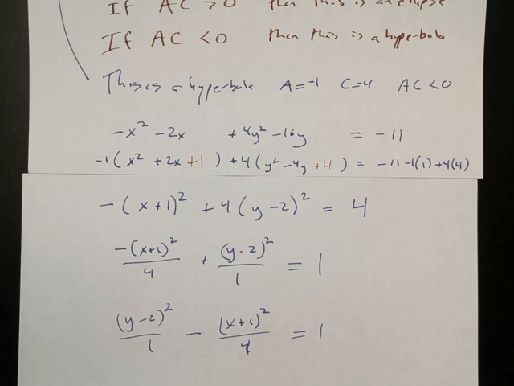Does this hyperbola go left, right, or up, down? Why do you know it goes left, right? Well, I was thinking of an ellipse, but it's because the 4. Right, because you think the 4 is bigger. Yeah, that's what I was thinking.